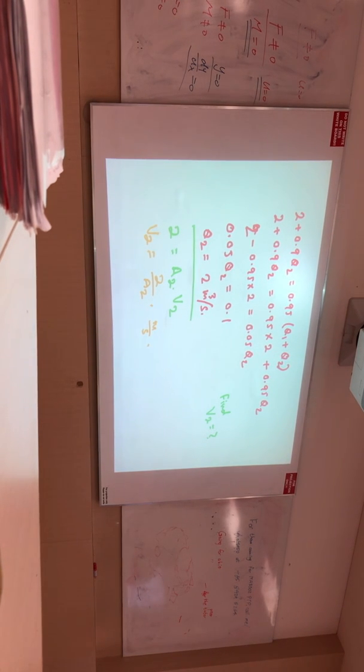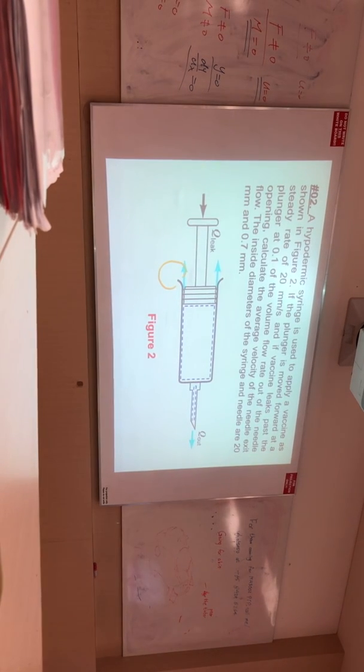Alright. So the second question: a hypodermic syringe is used to apply a vaccine as shown in this figure. If the plunger is moved forward, this is the plunger, right? So this is moving forward.